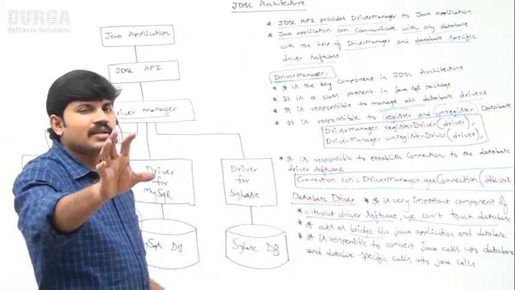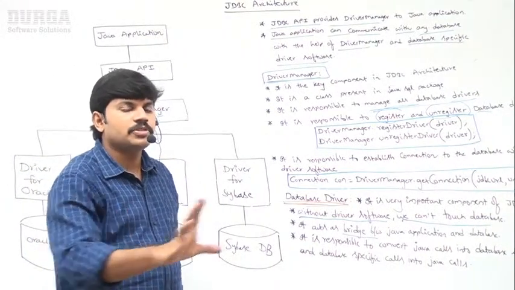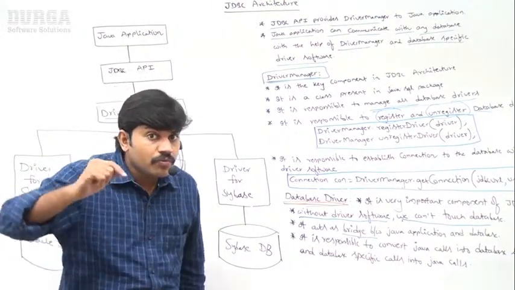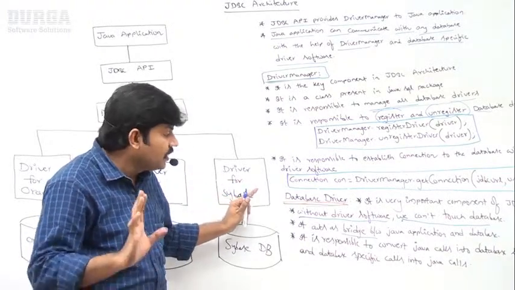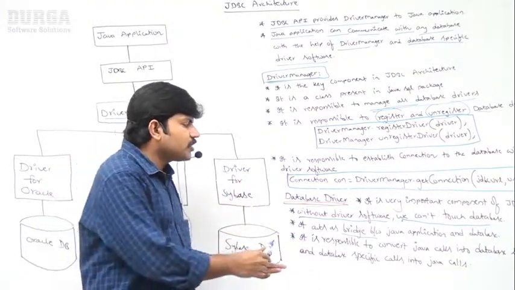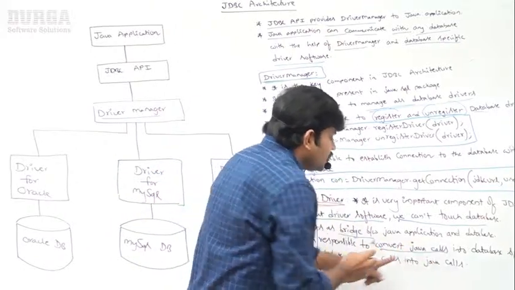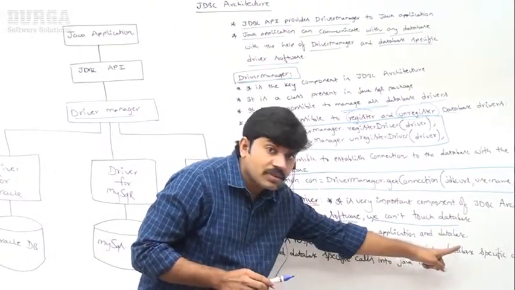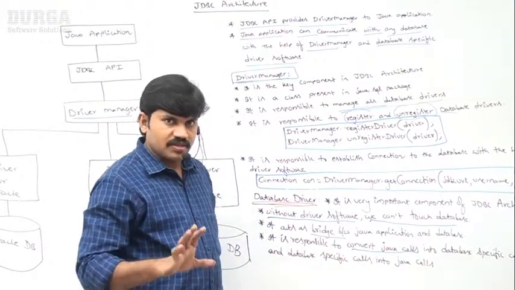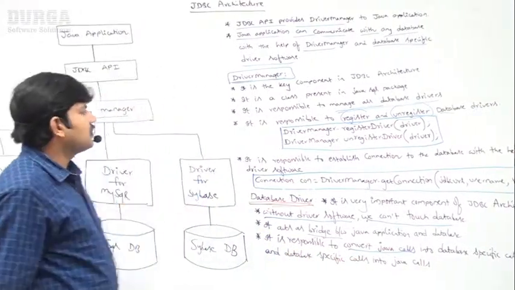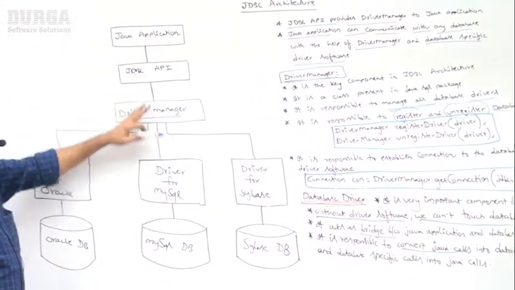Driver manager is the dummy person which is responsible to manage all drivers, but the original work is going to be done by the driver software only. Remember that, sir. It is responsible to convert Java calls into database specific calls, and database specific calls into Java calls. Clear, right? Okay, sir, that's all. This is about the JDBC architecture.